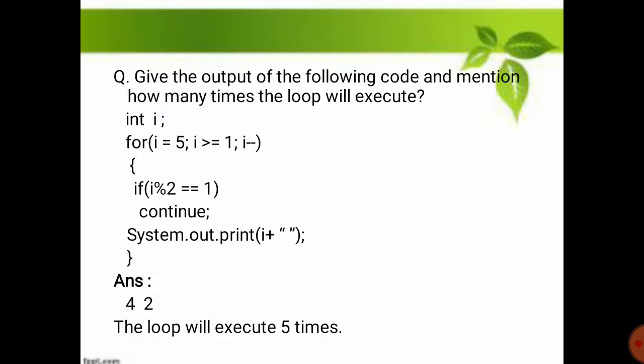Here we initialize the value with 5, the test condition is that the loop runs till the value of i is greater than or equal to 1, and each time the value of i is reduced by 1. Within the for loop there is one if condition: i remainder 2 equal to 1, then continue, and after that System.out.println prints the value of i within the body of the loop.